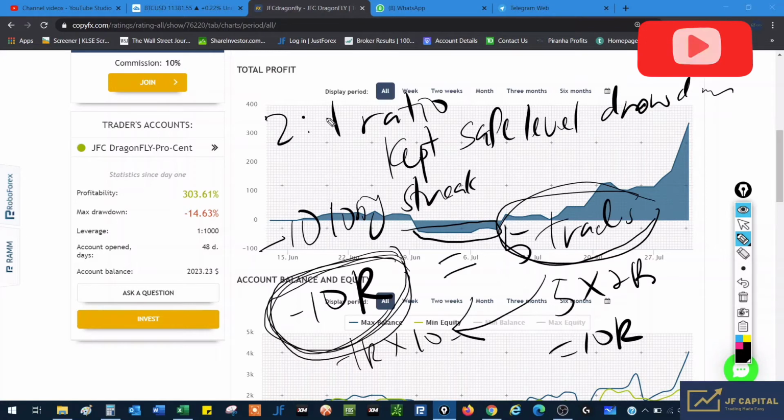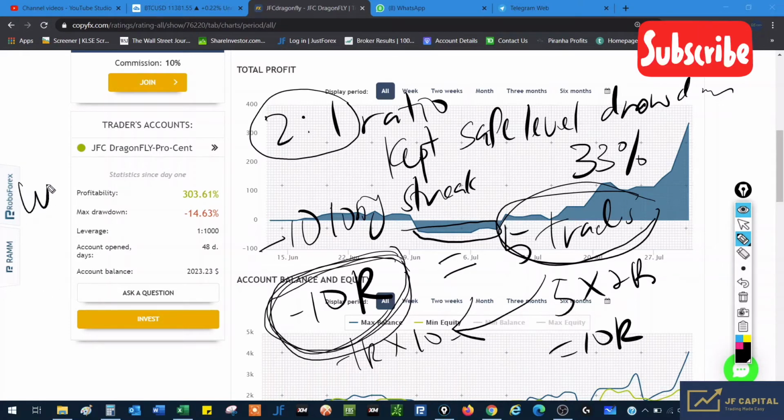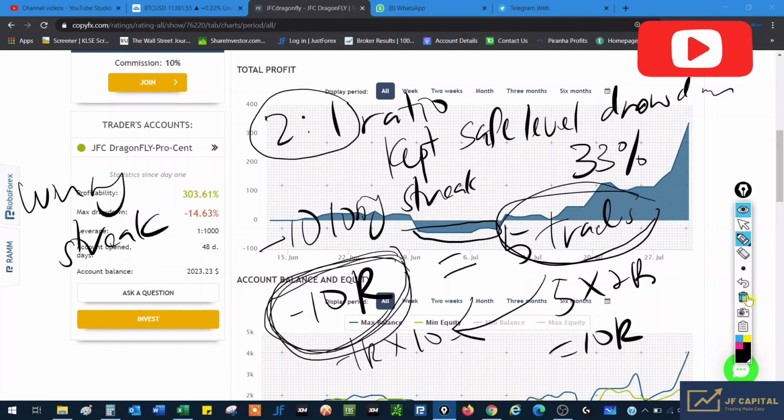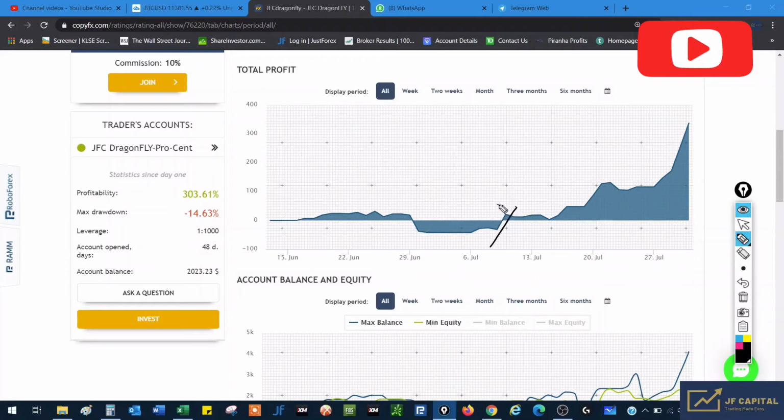So this is the beauty of the 2-to-1 ratio. Your break even is only 33%, which means that once you have a winning streak, you are able to make this jump from the negative zone to positive, right?